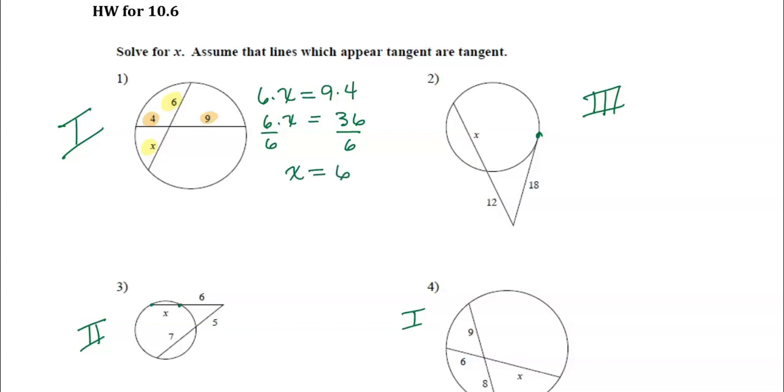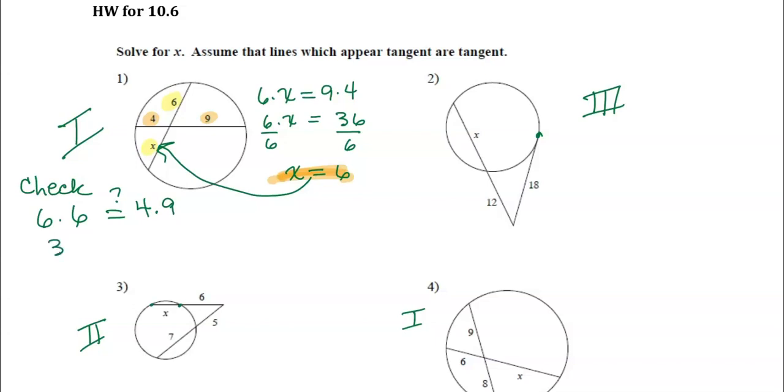Okay, so 6 is our answer, but I want you to also do a check. So your check happens when you take your 6 that you got for your answer and you plug it in for your x, and then you check. Does it make sense that 6 times the 6 we just found does indeed equal 4 times the 9, like it says in the theorem?